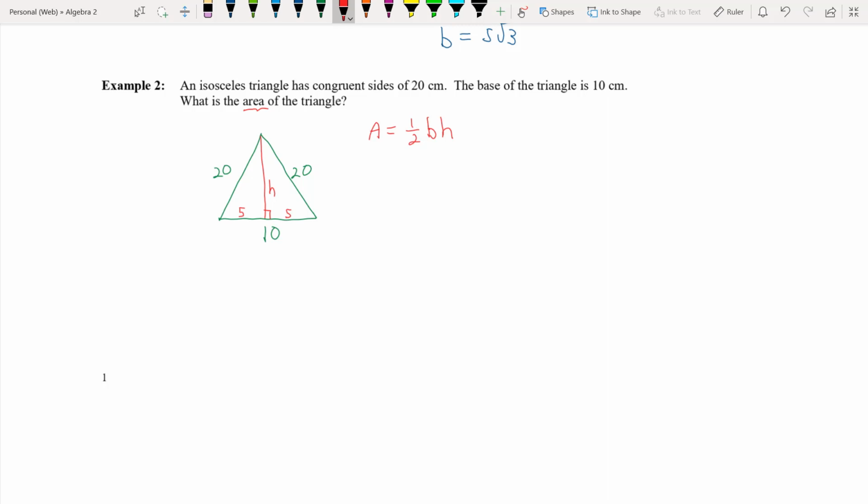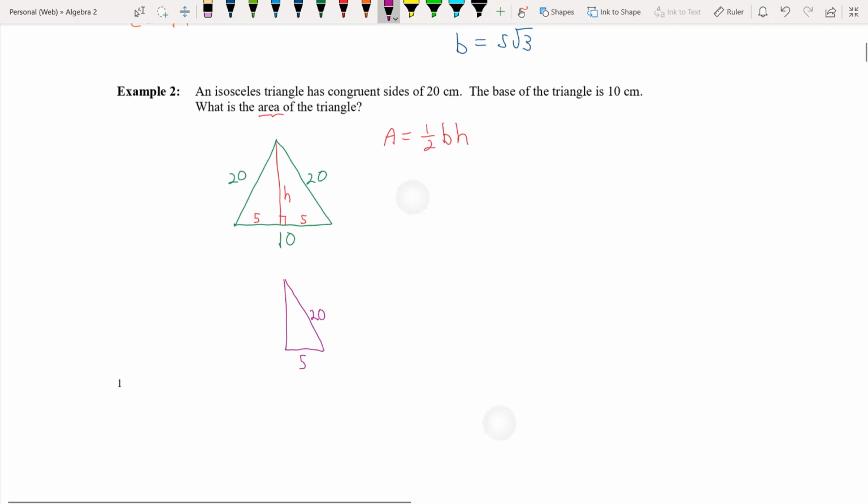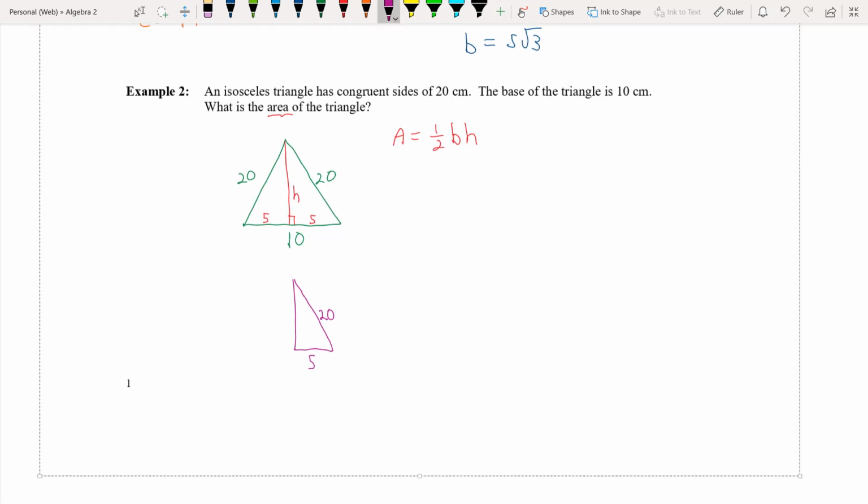And so what I end up with here, I'm actually going to draw another picture down below. What I end up with is this picture right here. So if you just look at the right side of this, I have a leg of 5, a hypotenuse of 20, and my height over here, we'll call that H. So if I look at this, these are right triangles here.